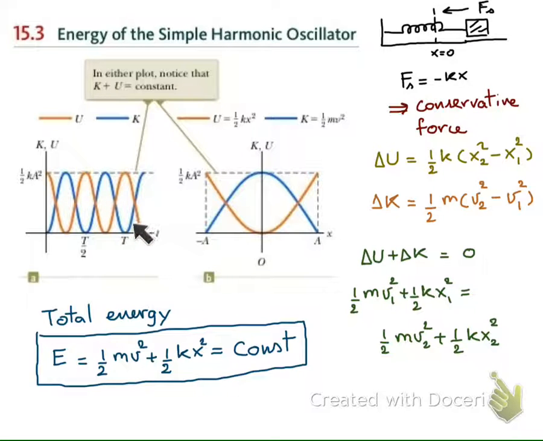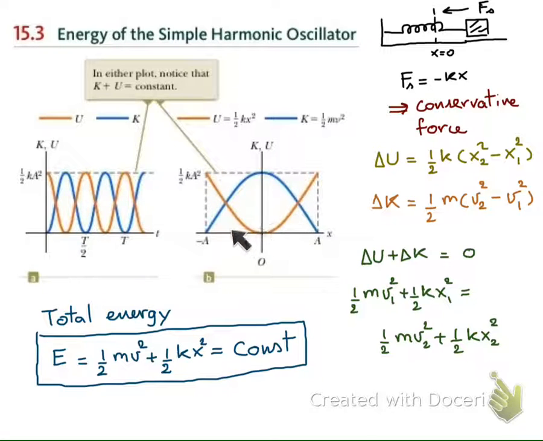We can also have a similar relation if we look at the kinetic energy, the blue line, and the potential energy, the brown line, as a function of the position. This line is the potential energy as a function of the position.